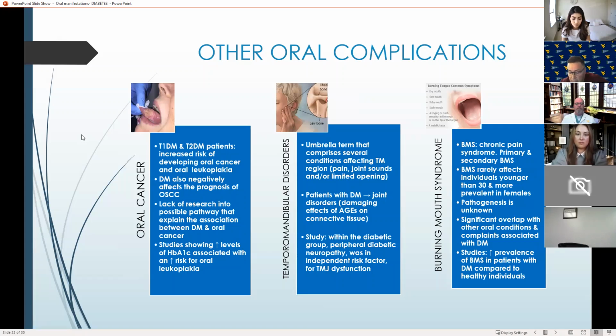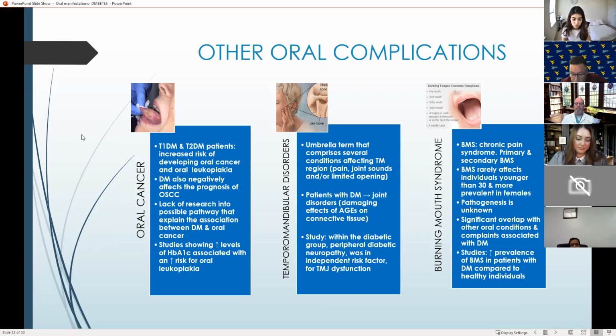The principal clinical feature of temporomandibular disorder is pain during mastication, often accompanied by joint sounds and or limited mouth opening. Patients with diabetes are susceptible to joint disorders, primarily through the damaging effect of AGEs on connective tissue. From that perspective, the temporomandibular joint could be affected as well.